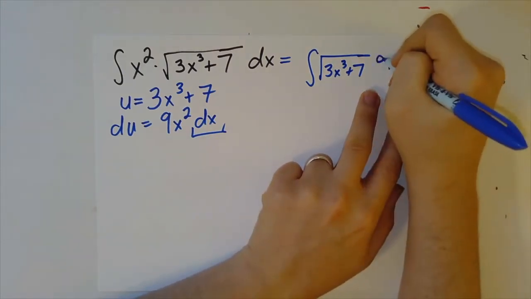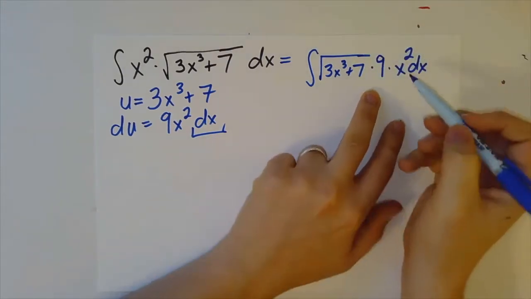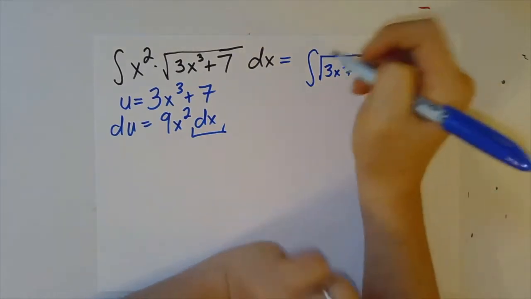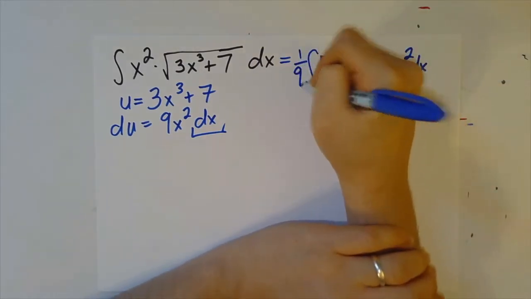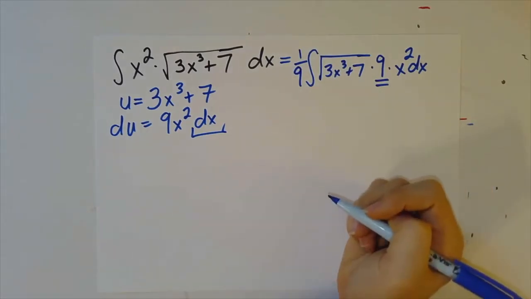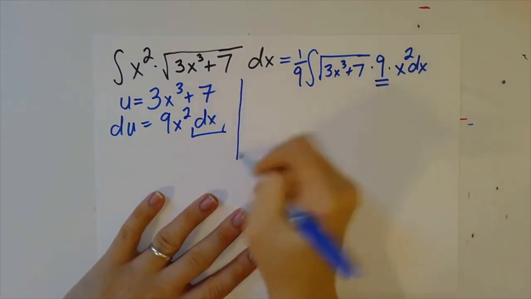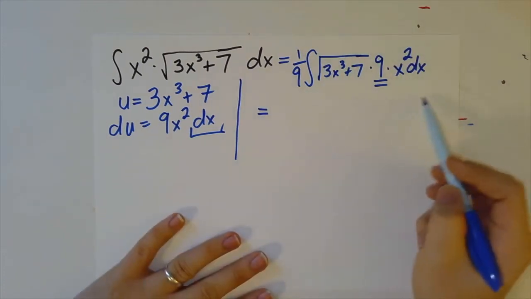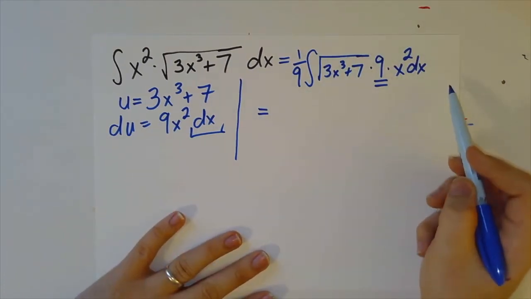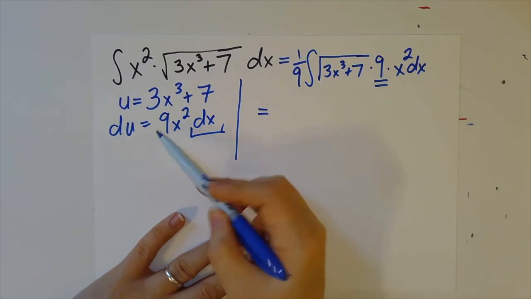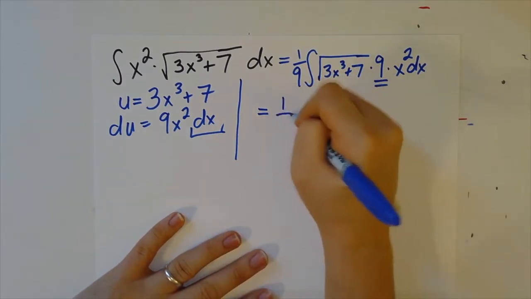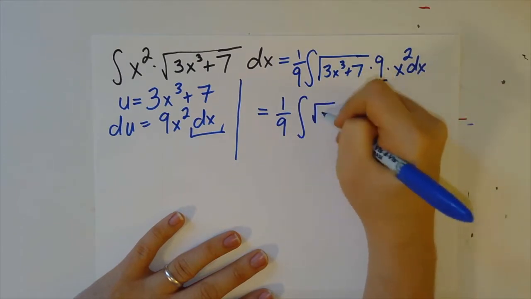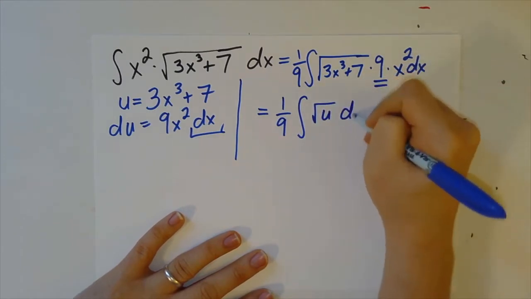So I'm going to need to put a times 9. But remember, I have to pay for the 9 with a 1/9 out front here. Okay, and so now I have everything set up so that everything will go cleanly in terms of my u and du. So this is 1/9 times the integral of the square root of u du.